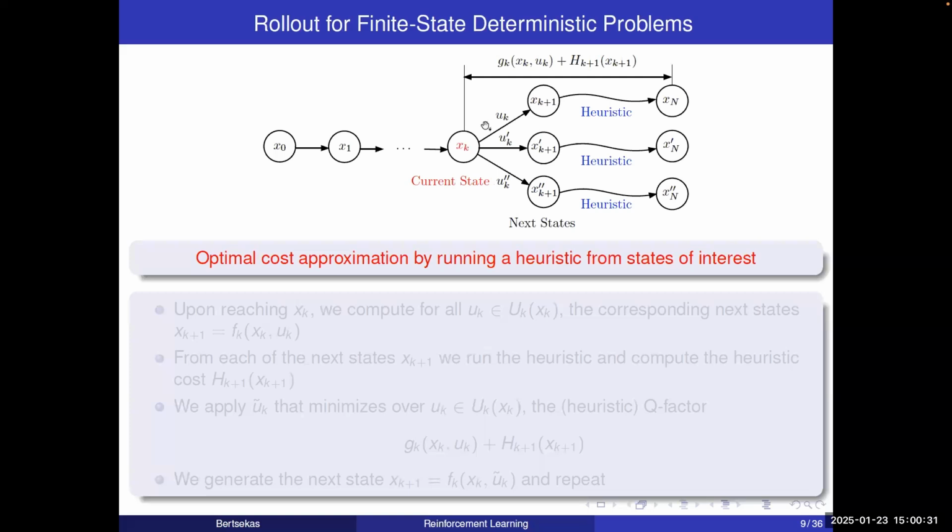At the current state, consider all controls, consider adding on top of the cost of this stage the cost of the heuristic. You run the heuristic, you evaluate its cost, and you have these numbers here. And you select the lowest number and the corresponding control to apply. That takes you to the next state, and you do the same thing. Again, roll out, going forward.